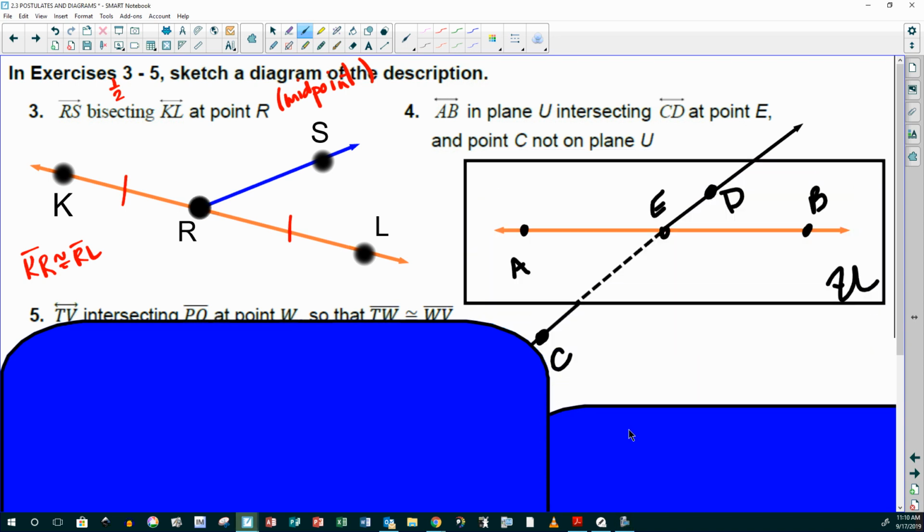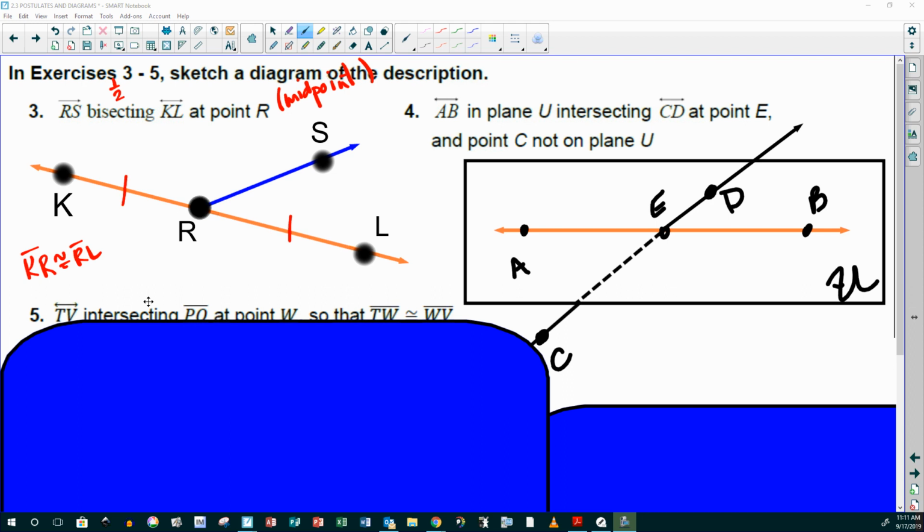So then you would have this. You have line AB, which is on the plane. You have a line that is intersecting that line, but one of the points can't be in the plane also. So that means it has to go through the plane. If it can't be on the plane, then it has to go through the plane.